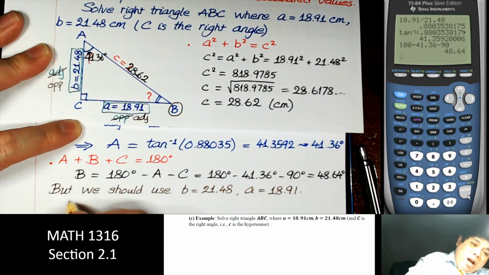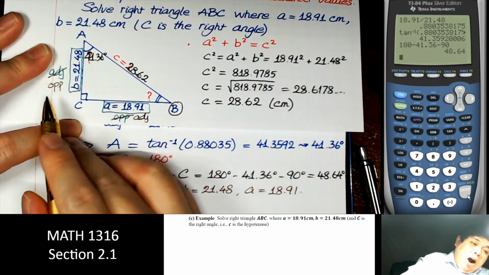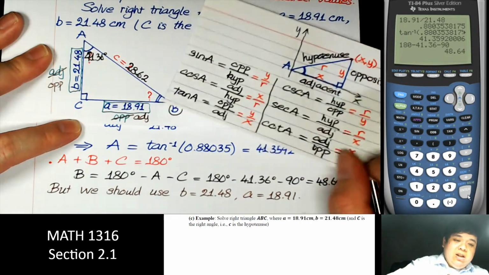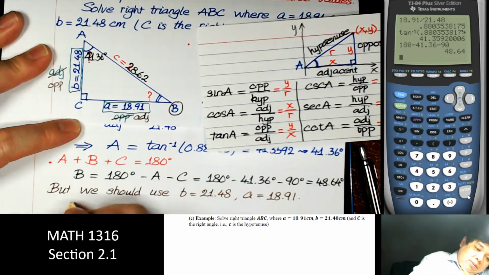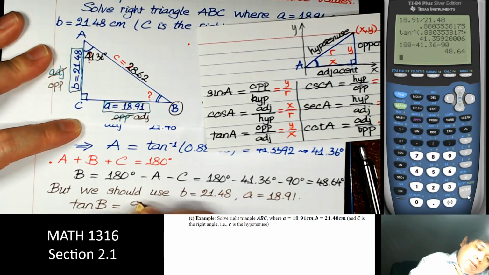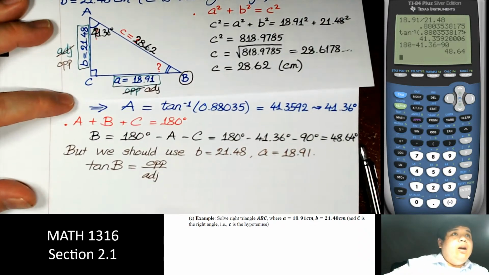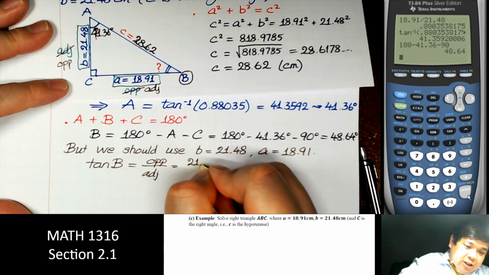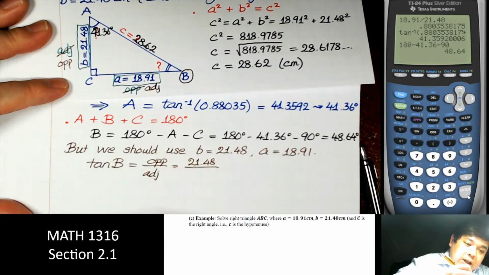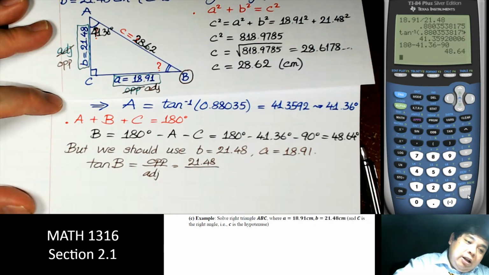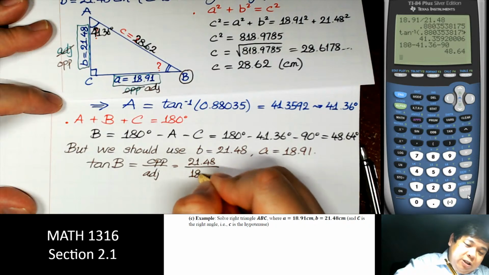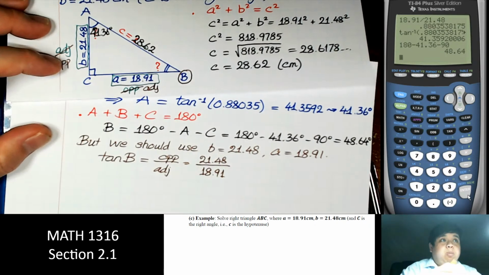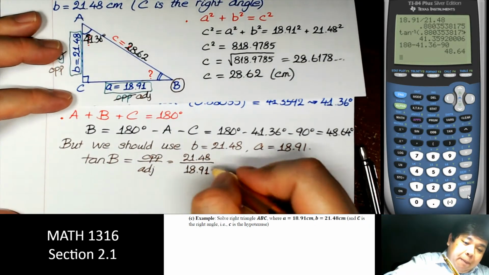With respect to angle B we have opposite and adjacent, so that's going to be tangent. Opposite is 21.48, adjacent 18.91.